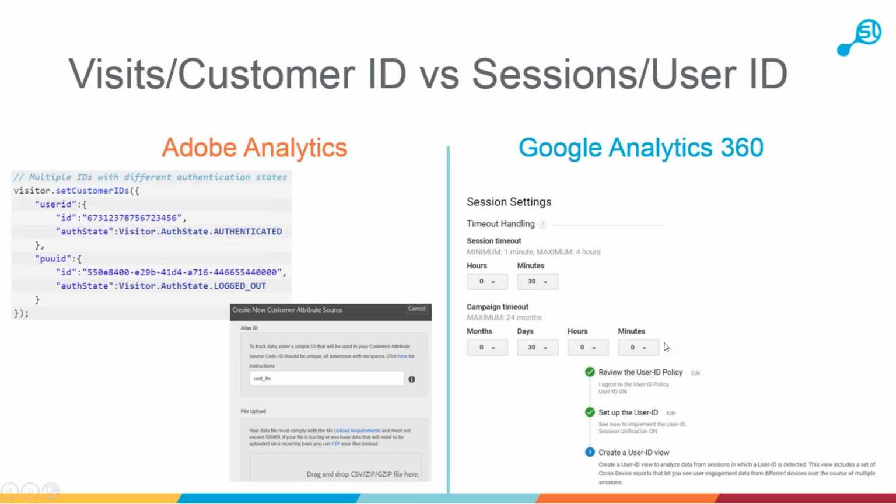The main difference here is that Adobe Analytics isn't really doing it for the purpose of analytics and reporting. What it's doing is producing that profile to be able to share data between its Experience Cloud products, so being able to share the data between, say, analytics and the personalization tool.